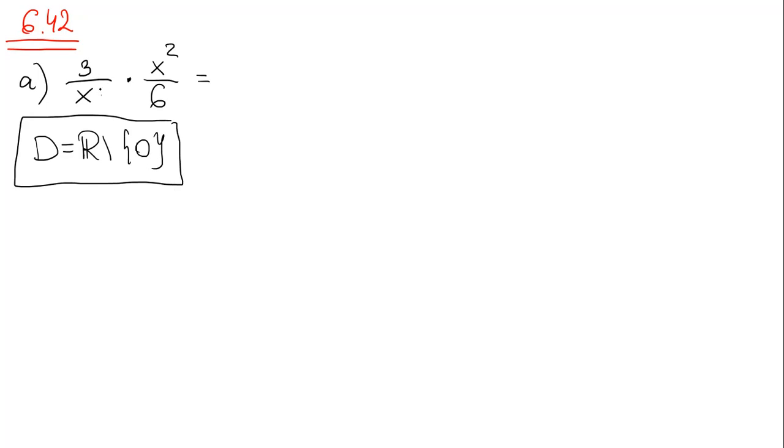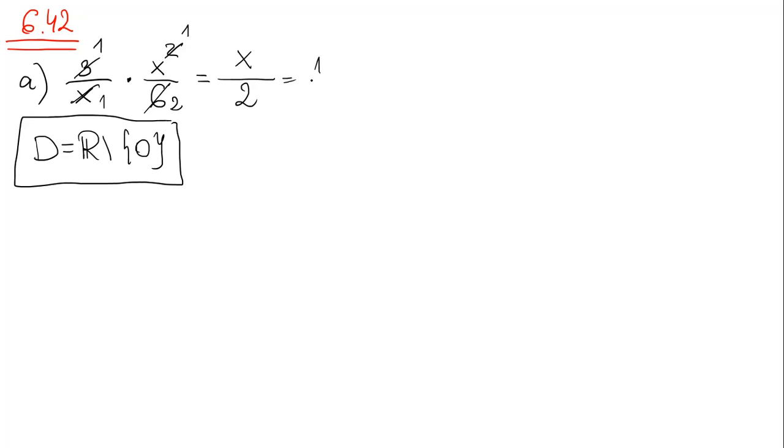Okay, and now we can see if we can cancel some fractions. So of course we can cancel down the numbers 3 and 6, so we get 1 and 2. But also we can cancel down x squared and x. So we get 1, and here is the first power. So at the end we have 1 times x, so it's x, and 1 times 2, so it's x over 2.